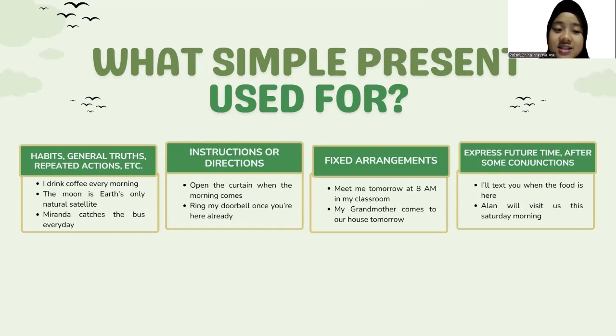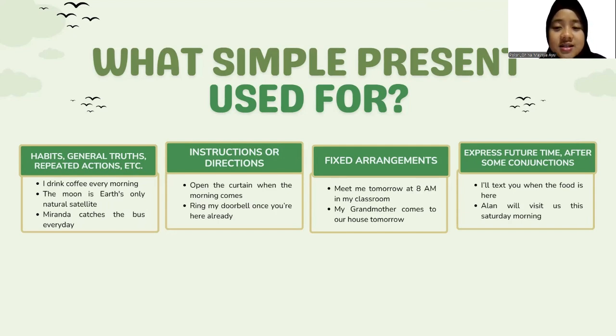First one, habits, general truth, repeated actions, and etc. For example, on the screen, we have I drink coffee every morning as an example of habits. And for the general truth, maybe we have the moon is Earth's only natural satellite. And for repeated actions, I have an example, Miranda catches the bus every day.